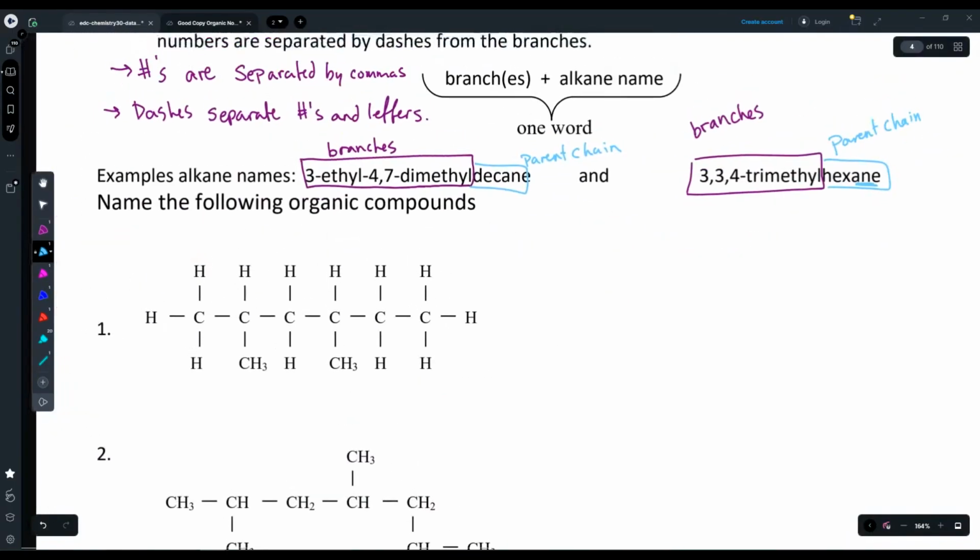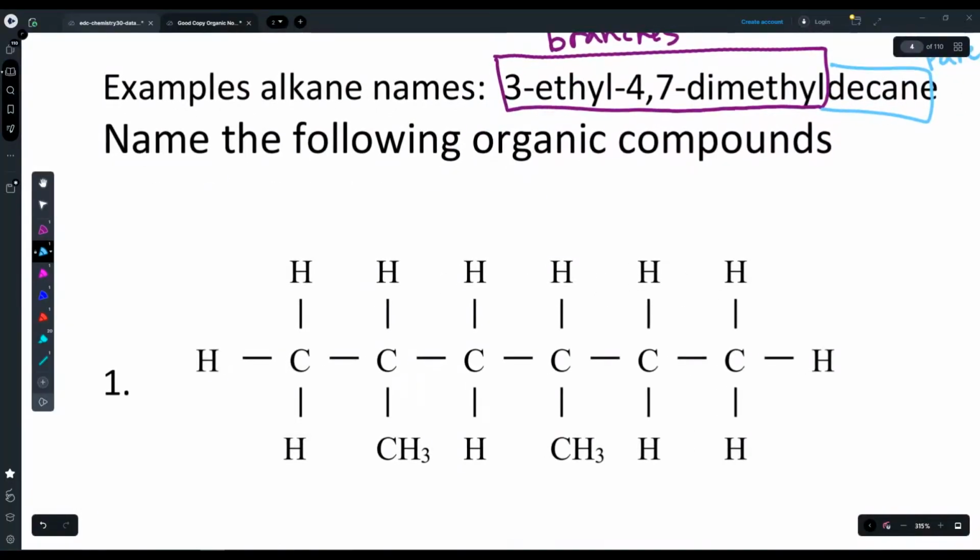Okay, so let's look at our first example here. Step 1, locate your longest continuous chain of carbons. That is your parent chain. So I'm looking here, and that looks like the longest continuous chain. Okay, so we got 1, 2, 3, 4, 5, 6 carbons there. Now, could I have done this? I could have, but let's count how many carbons there are. 1, 2, 3, 4, 5.